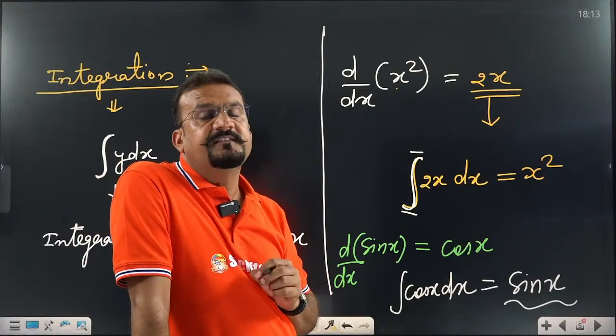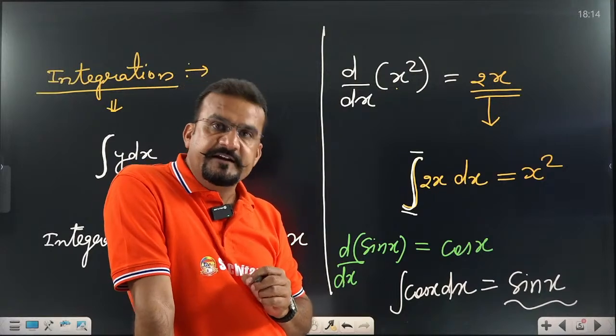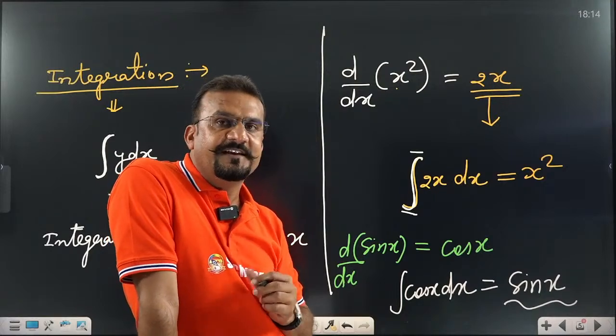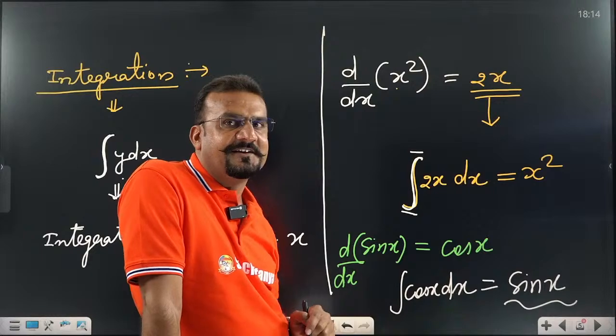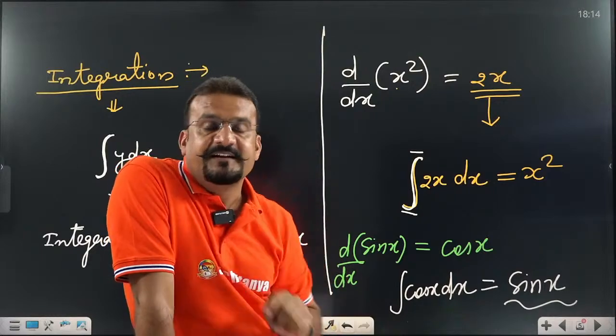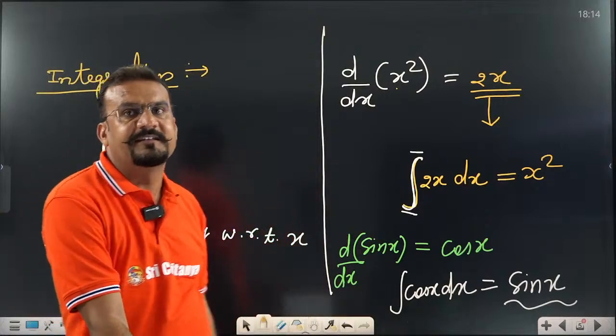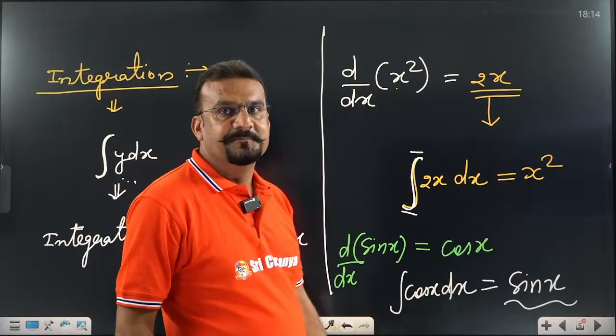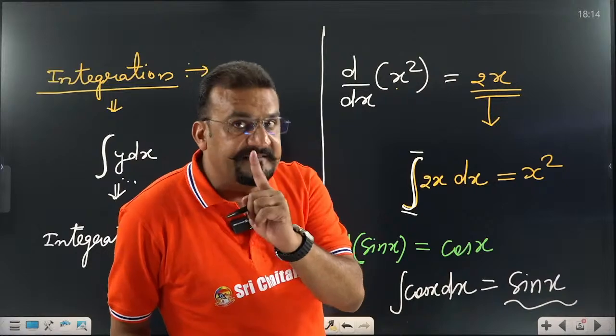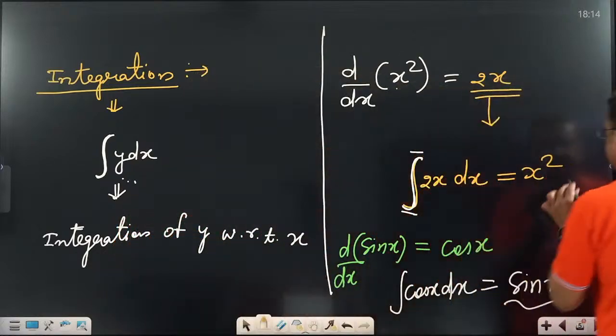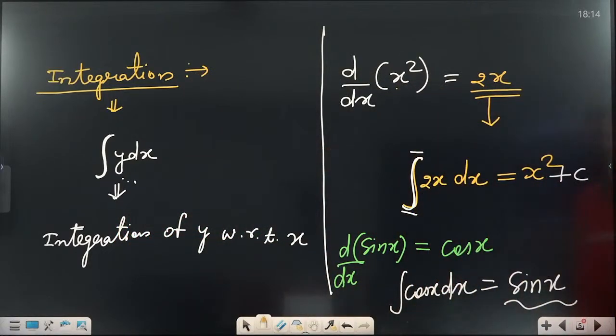That's why this integration is called indefinite integration. For indefinite integration, we are not sure that it is completely x square. That means there may be something that is indefinite. To make it definite, just add one constant, plus c.